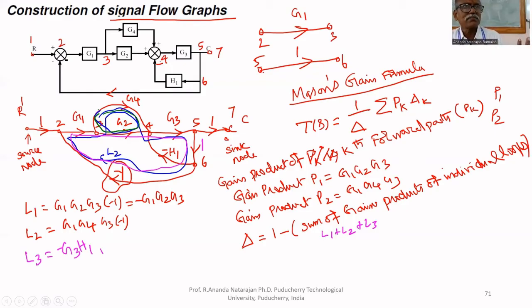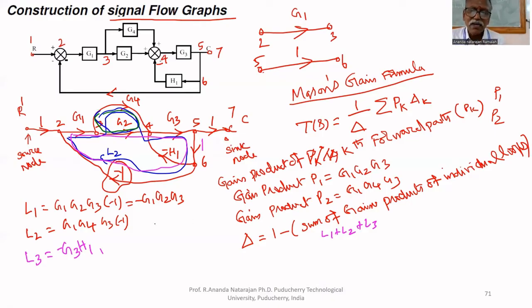There is no path because the direction is not in favor. That's why it is not a loop. Loop means the direction also must cooperate. Then only you can reach the same point, which means it is a loop. If it is a different path, it means different loops. In the diagram, only 3 loops are there.